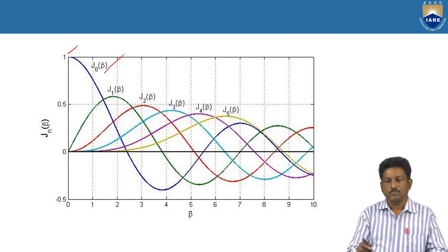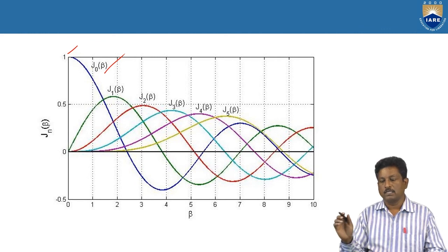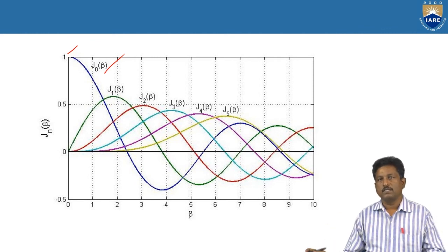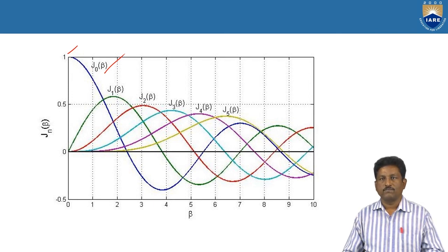From this onwards, J1(β), J2, J3, up to Jn decrease in value. So based on the signal strength, these values of J0 to Jn let you truncate the infinite bandwidth to a finite bandwidth. That is the main advantage of the Bessel functions.